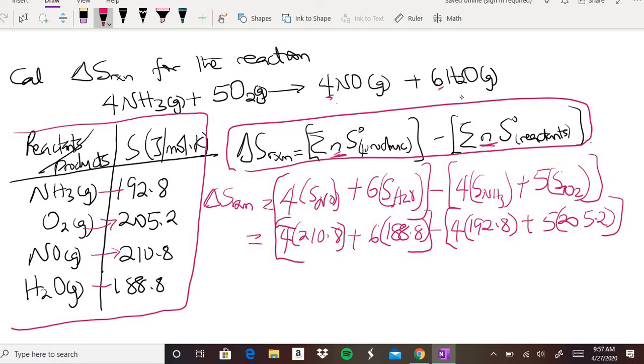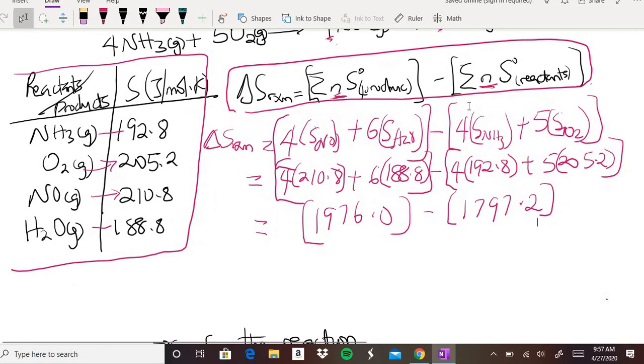When we plug all this into the calculator, everything here is 1976.0, and everything here gives us 1797.2.